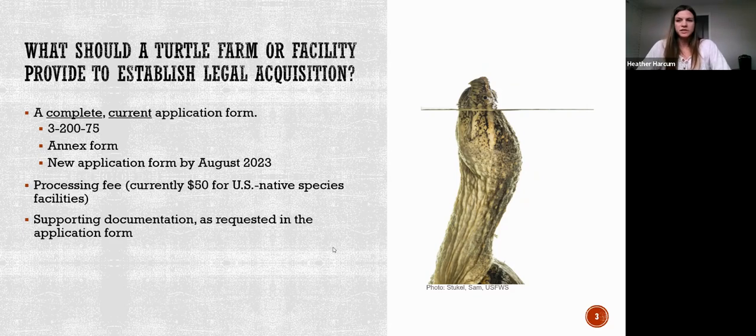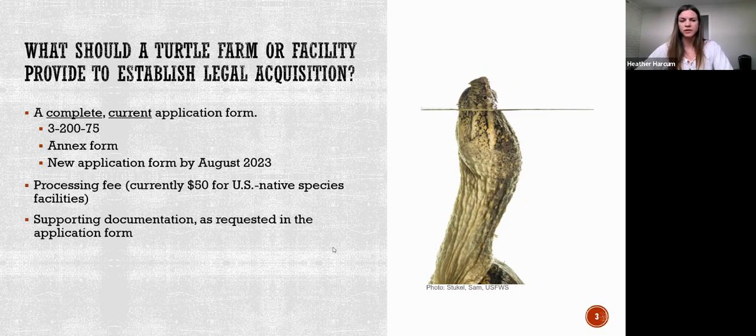We have one set up specifically to register facilities for the commercial export of native species that are listed in Appendix 2 and 3. Application form 3-200-75 is the application that they would use to export native species.